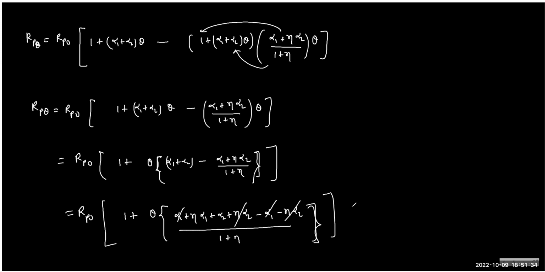So what we're left with is 1 plus alpha 2 plus eta alpha. Now you can compare with the formula.